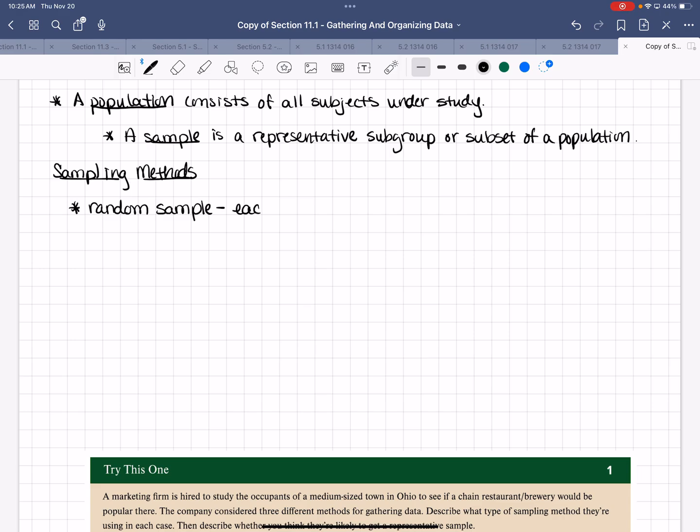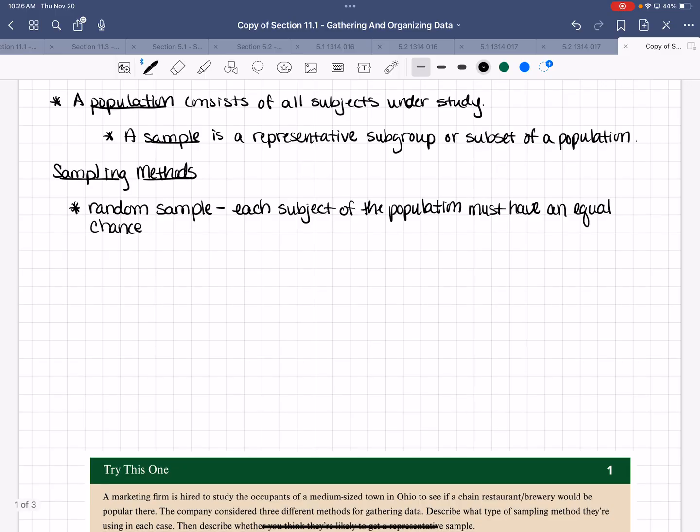And in a random sample, each subject of the population must have an equal chance of being selected. Okay? Each subject of the population must have an equal chance of being selected in a random sample.